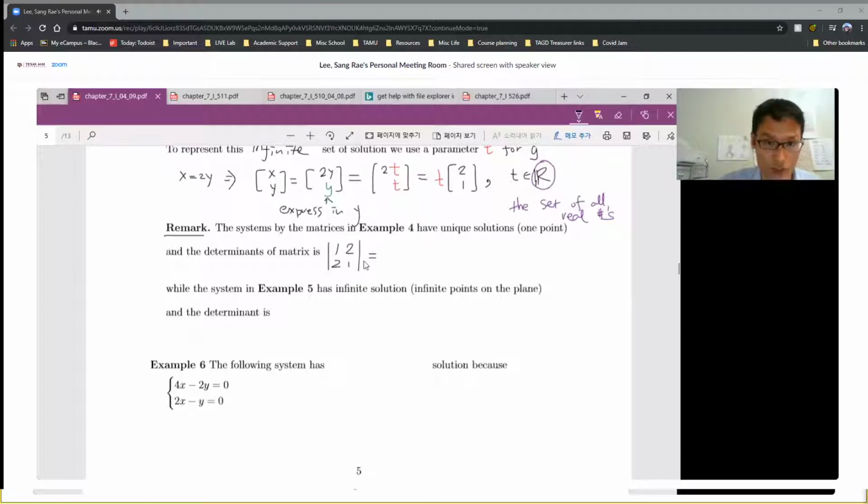The determinant of this is what? 1 minus 4, or negative 3. The point is this is non-zero. Actually, there is a beautiful theory saying that whenever the determinant is non-zero, the solution is always unique. We got one point on the plane for the solution. However, in the previous example, the determinant is, where was the matrix?